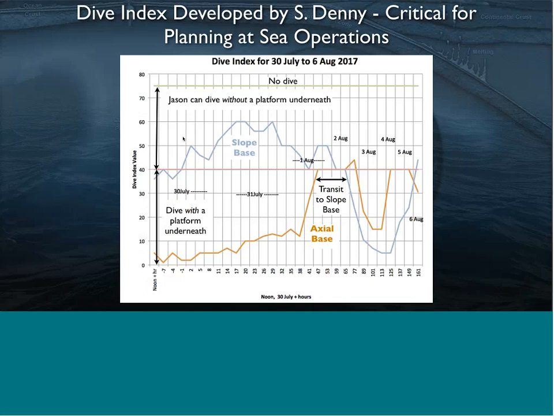The way that we run these operations is one where there's a platform like a junction box underneath the vehicle, and that's shown below the dive index of 40 there. What those lines are showing is basically the increasingly bad or good weather coming through the system looking ahead, and anything above the 40 is where Jason can dive but without a heavy platform underneath, and then that green line is no dive.